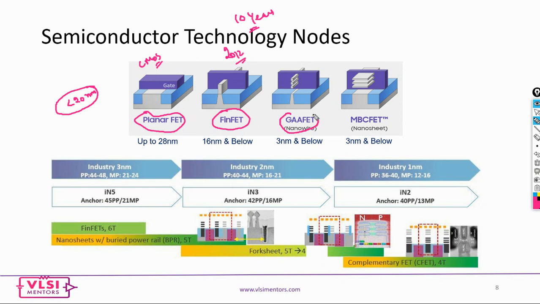If you look at GAA FET, it's a gate all around FET. The structure of your transistor used to be like this in CMOS, and the structure in FinFET is something like this. If you look at the differences, the device sizes are shrinking, and we are trying to make the area under the gate more and more so that you are able to control the flow of electrons easily.